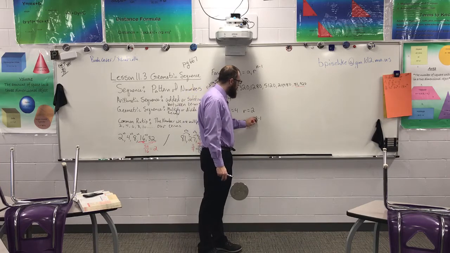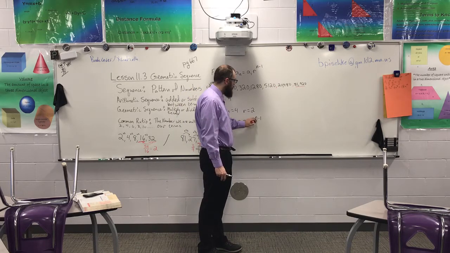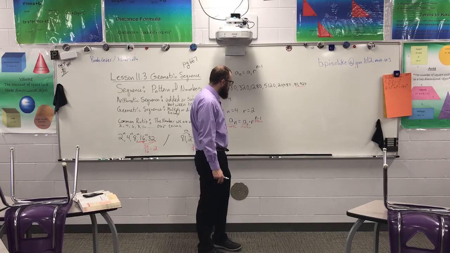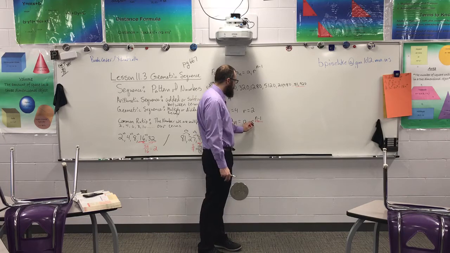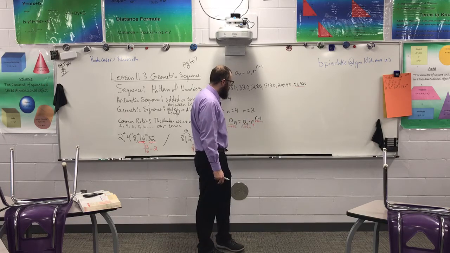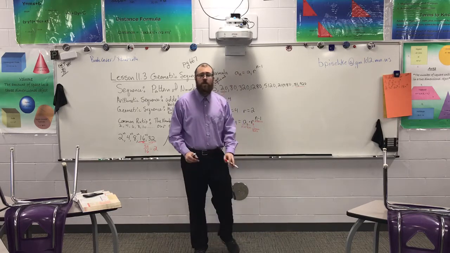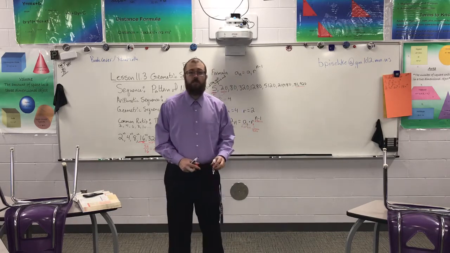And n is the number of terms that we're counting out. So it's just r that's new. And r pretty obviously stands for our common ratio. In other words, what are we multiplying by each time?